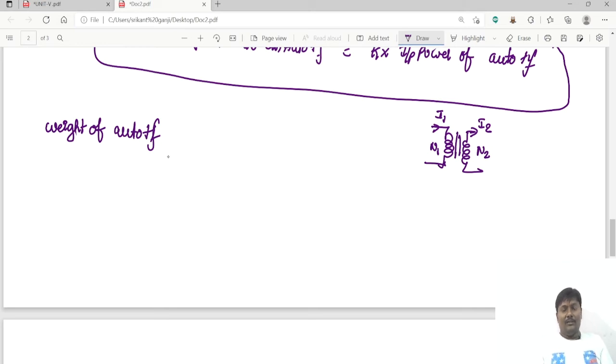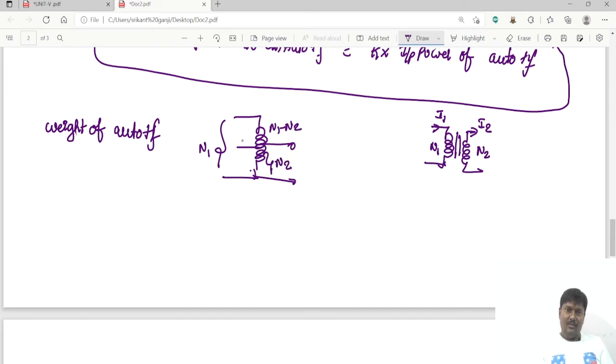The weight of the auto transformer, or of any transformer, is decided by the MMF. So if you go for the auto transformer, the total is N1, this is N1 minus N2, this is N2, the current is I1, and this one is I2 minus I1.